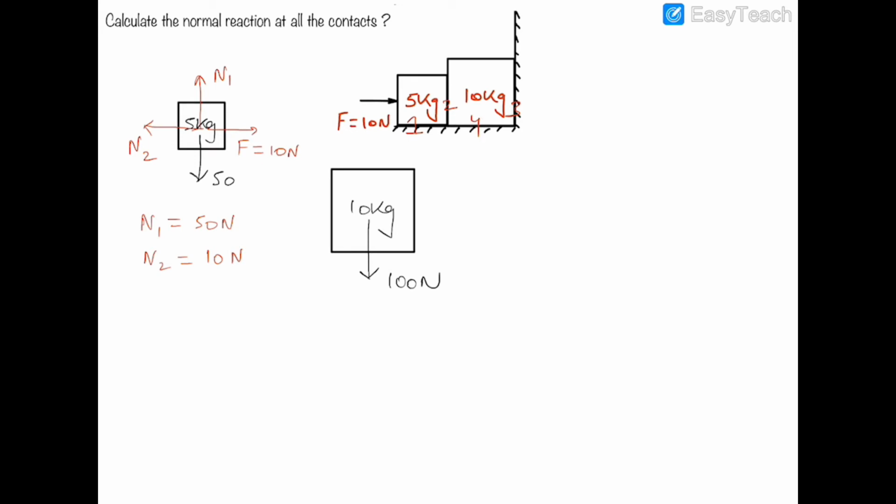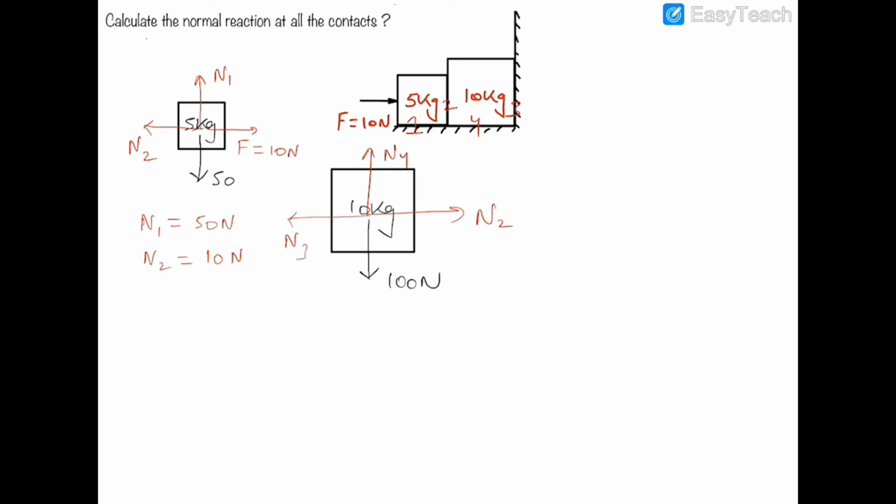So the normal reaction N4 will be upwards. Now the 10 kg block has applied N2 on the 5 kg block towards the left side, so the 5 kg block would give its reaction towards the right side on the 10 kg block, and it would be N2. The 10 kg block is pushing the wall through N2, hence the wall will give the reaction N3.